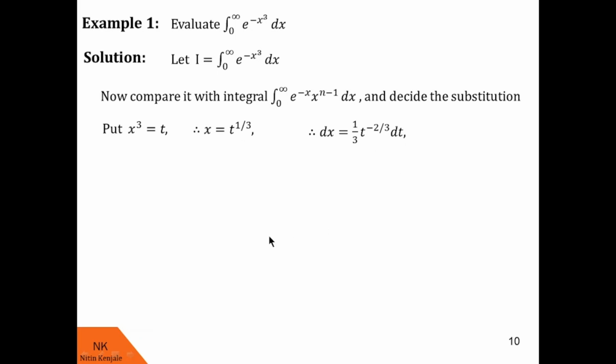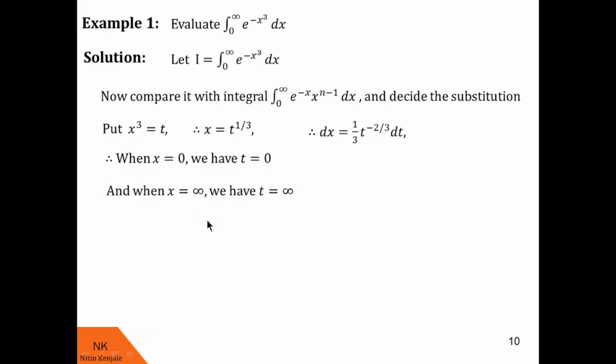After this, we will find out limits for t if limits for x are 0 and infinity. For that, we substitute these limits of x one by one in this statement and we find out the corresponding value of t. So after substituting x is equal to 0 here, we see t is also 0. Similarly, after substituting x is equal to infinity here, we see t is also infinity.